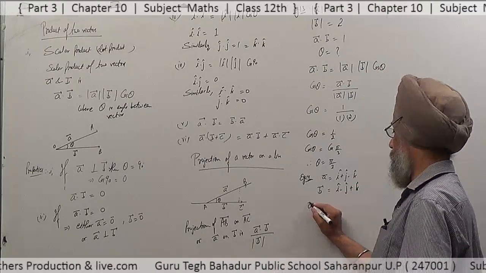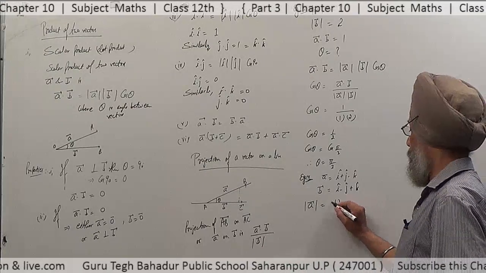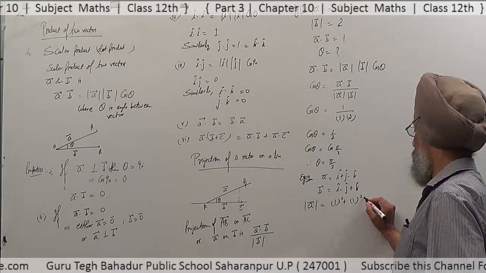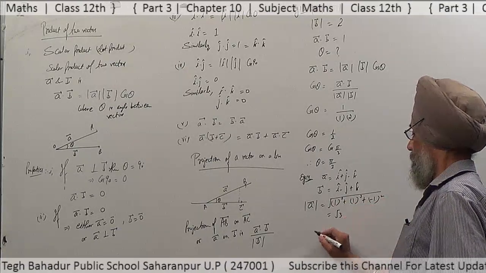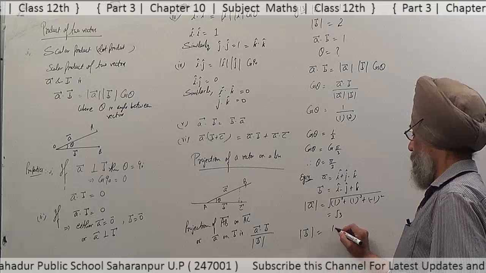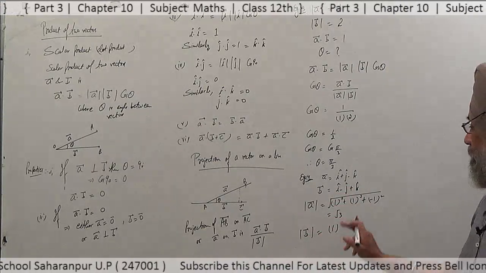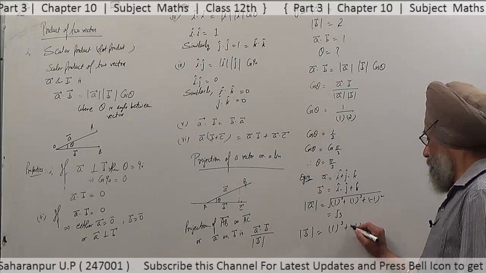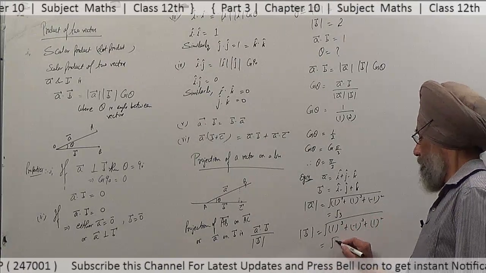First of all, the magnitude of A: square root of 1 squared plus 1 squared plus 1 squared, which is square root of 3. Magnitude of B is given by square root of 1 squared, because the coefficient of i is 1, the coefficient of j cap is minus 1, and the coefficient of k is 1. It's again the square root of 3.